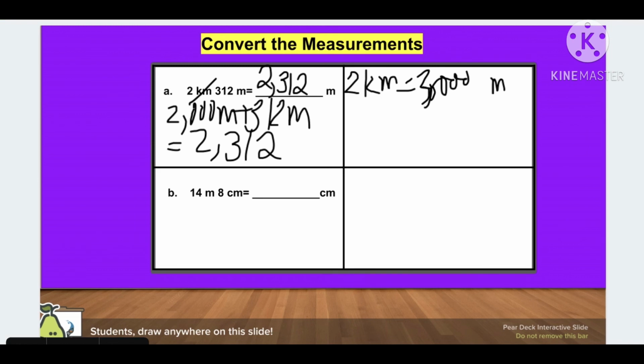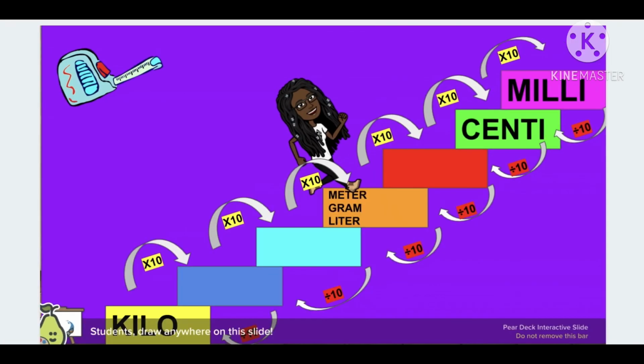All right, you guys, welcome back. So you guys should have converted 14 meters to centimeters. So let's think about this for a second. 14 meters equals blank centimeters. I know that good learners always go back and they look for where they are on their conversion chart and where they need to be or get to.